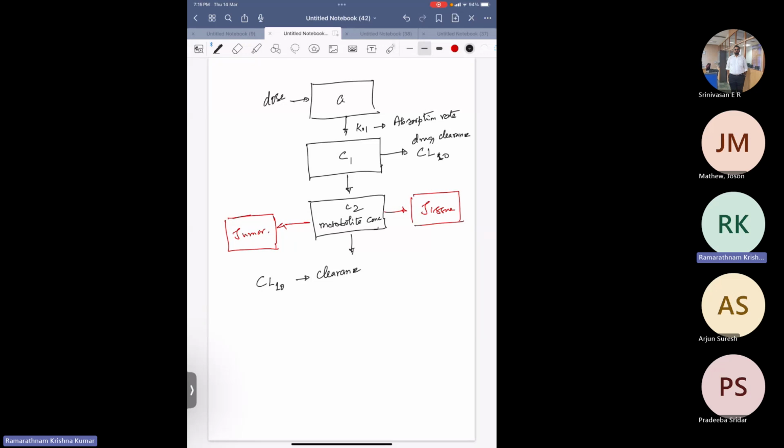What is CL10? It is the ratio between the rate of drug elimination divided by the concentration.